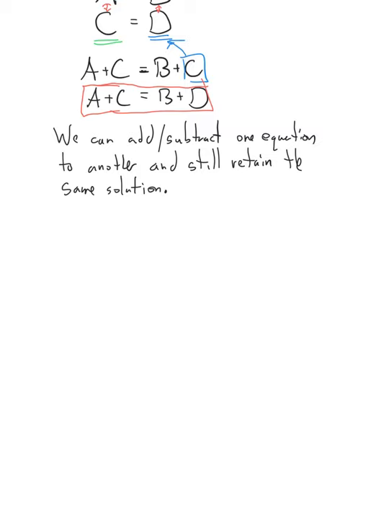So let's say we had the following equations. So let's have x plus 2y equals, well, let's say 4. And let's say 3x minus 2y equals negative 12.